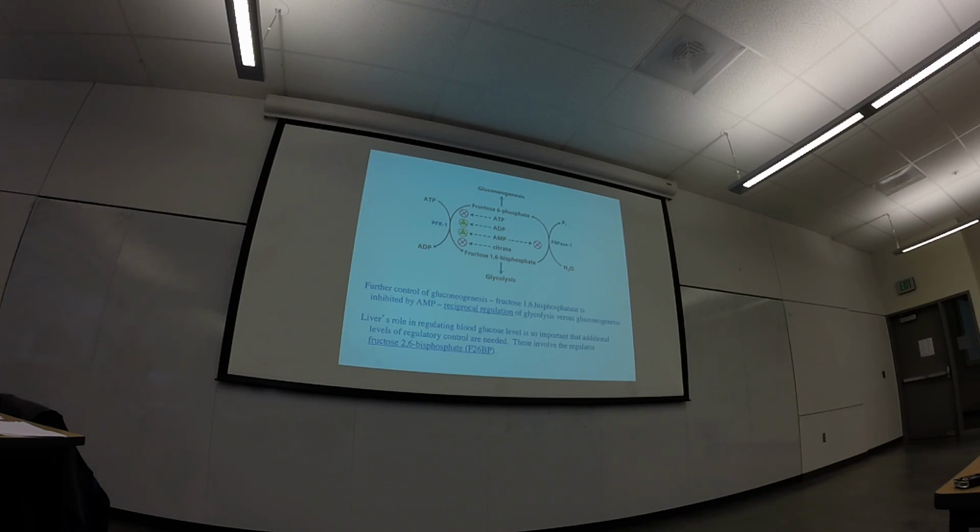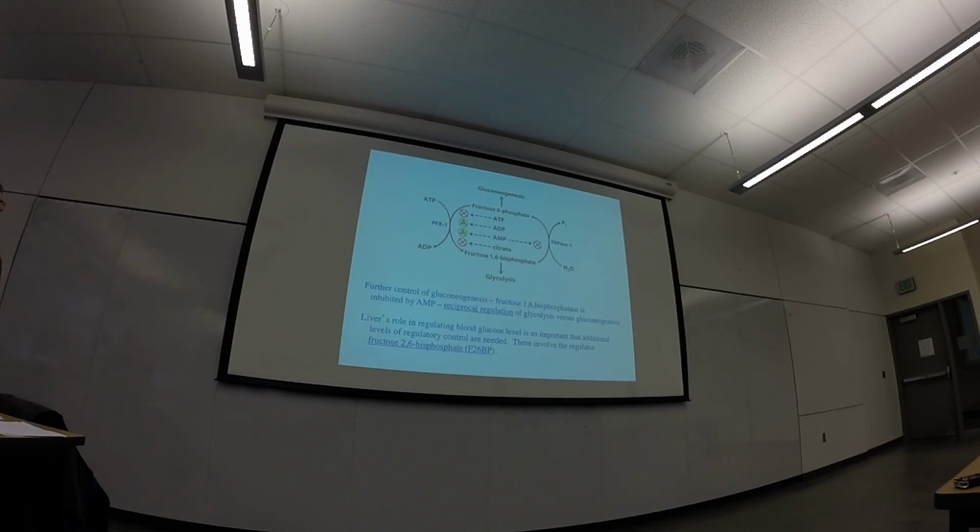ATP and citrate inhibit PFK1 because they signal high energy states of the cell. Right? And so we don't need to be burning more glucose to generate more ATP if we've already got a lot of it. So we ought to instead be running gluconeogenesis in a situation like that. If we have a lot of ADP or AMP, that signals a low energy state, so yes, we do need glycolysis.